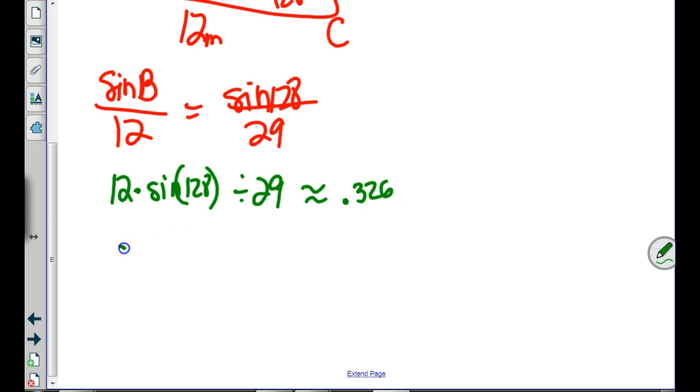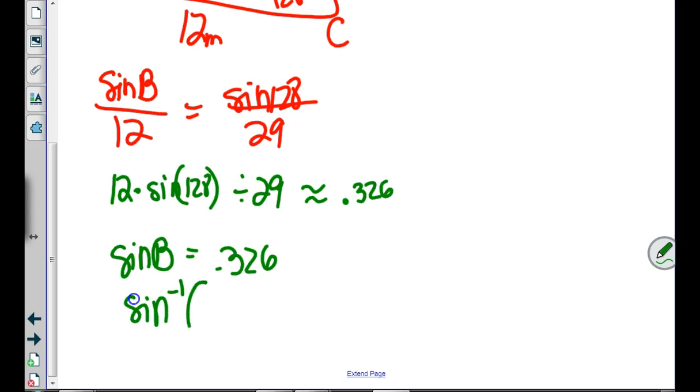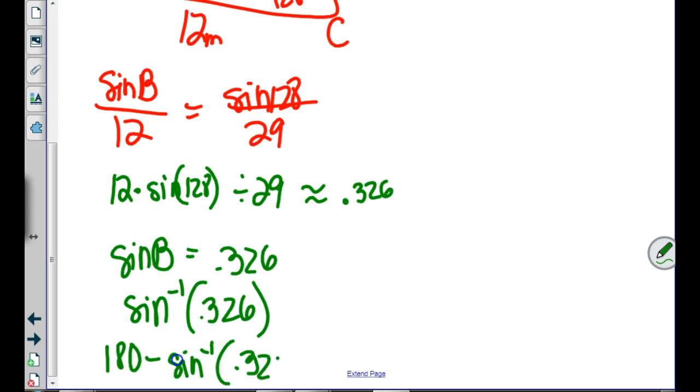Remember what that means? That's the sine of B, right? And then when you do inverse sine of that, you're supposed to do the supplement of that angle as well. Now, inverse sine of that long decimal gives me 19 degrees. 180 minus 19 degrees is 161 degrees.